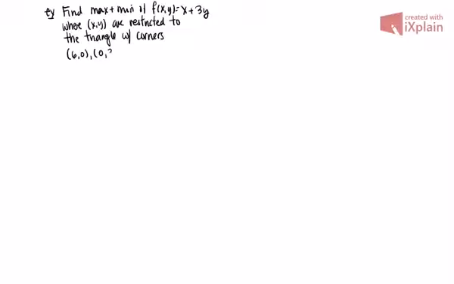Let me just make it x plus 3y, where x and y are restricted to the triangle with corners, say, 6, 0, 0, 3, and 6, 3.